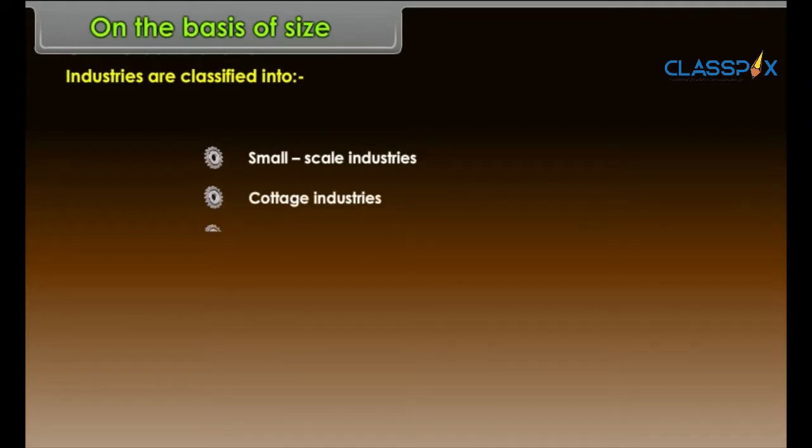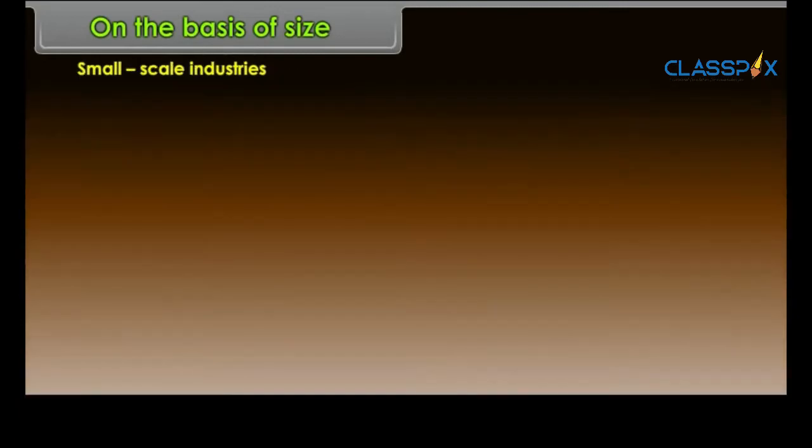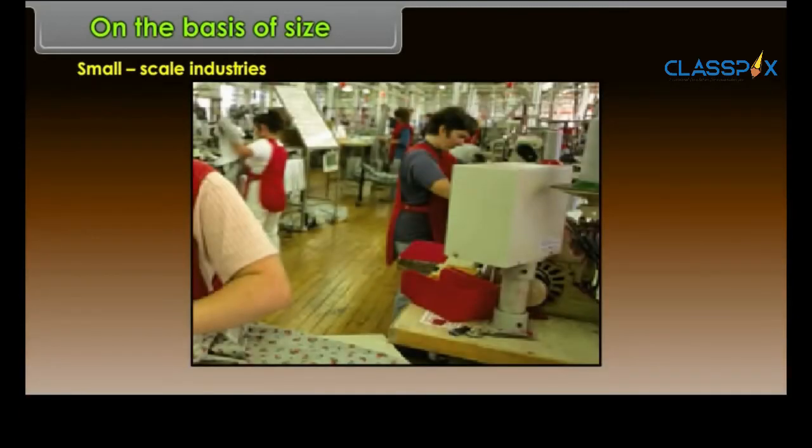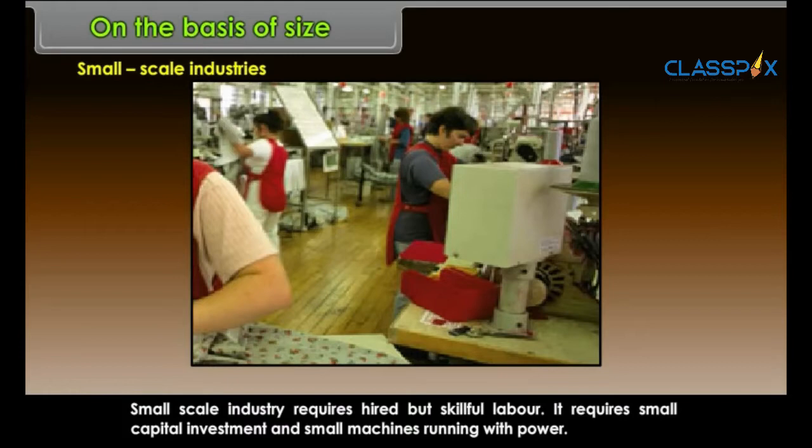On the basis of size, industries are classified into small-scale industries, cottage industries, large-scale industries. Small-scale industries. Small-scale industry requires hired but skillful labor. It requires small capital investment and small machines running with power.